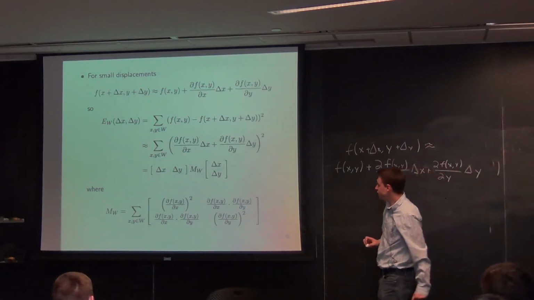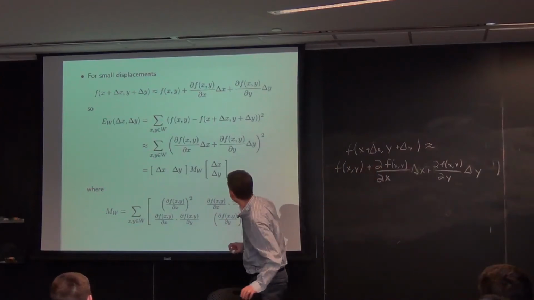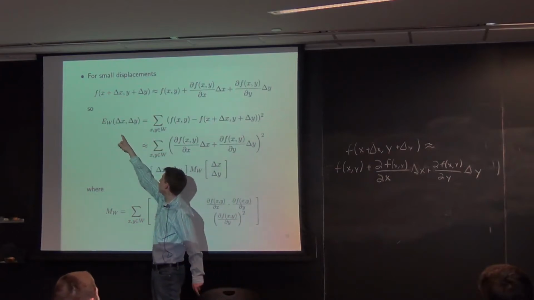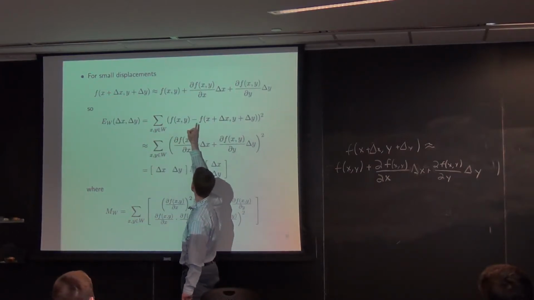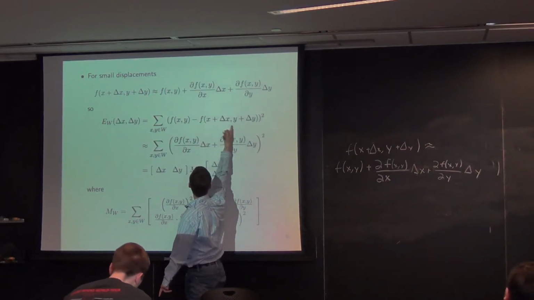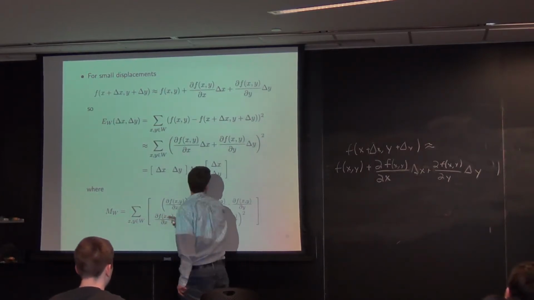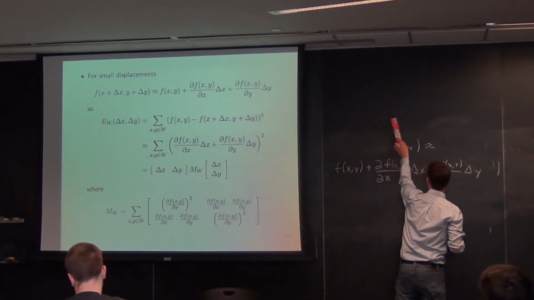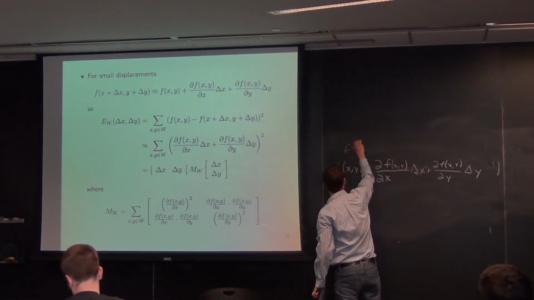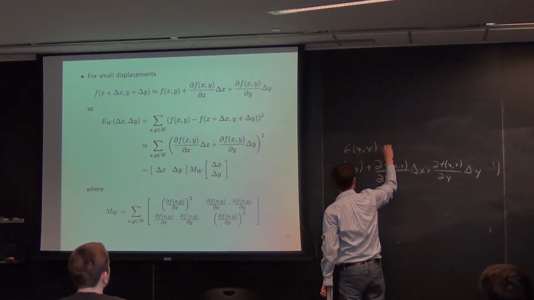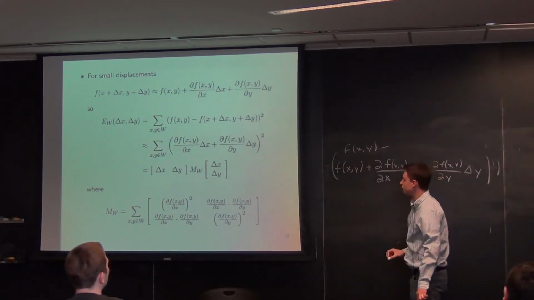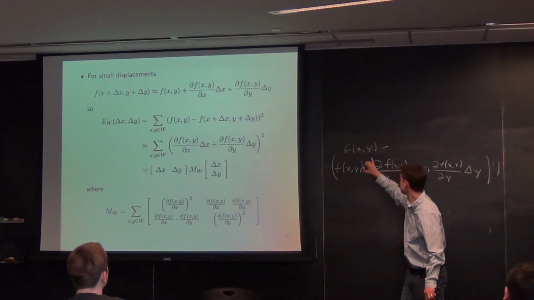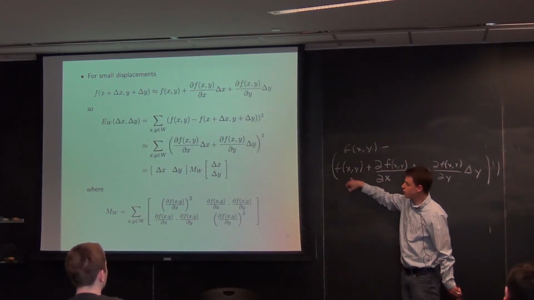Now if we take our full functional form, where we compute this E function, this is just f of x and y minus this thing, which we now approximate using our Taylor expansion. I won't write it all out, but it's fairly straightforward. If you look at f of x and y minus this whole thing, we just get the sum of these two terms squared, because the f of x and y terms cancel out. All we have left are these things.